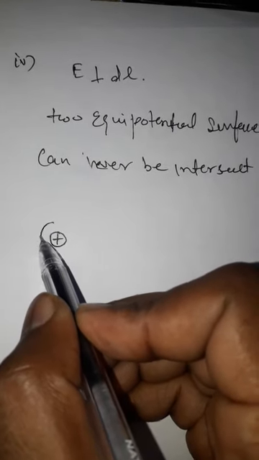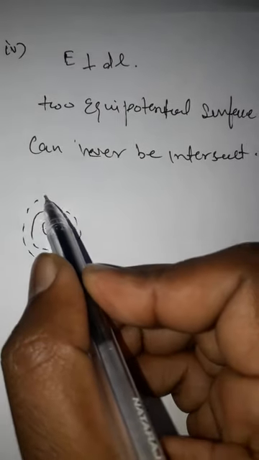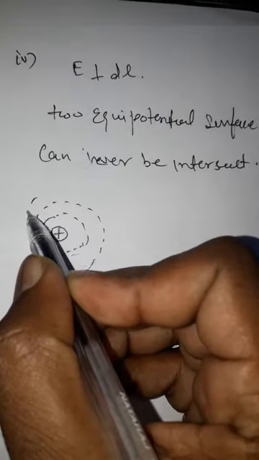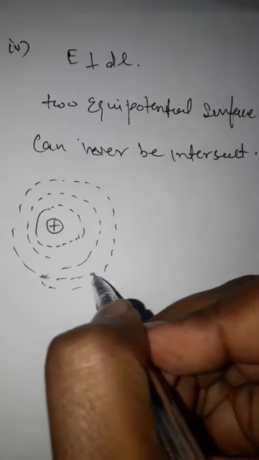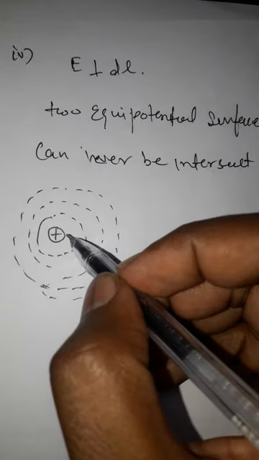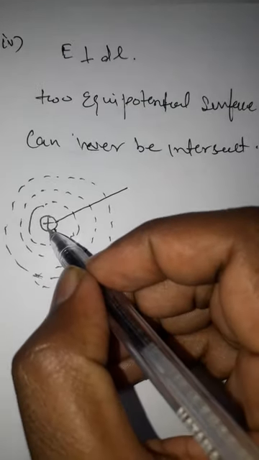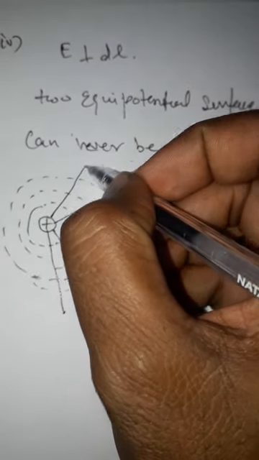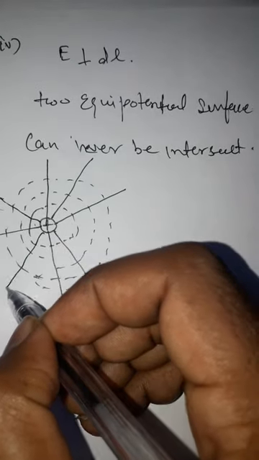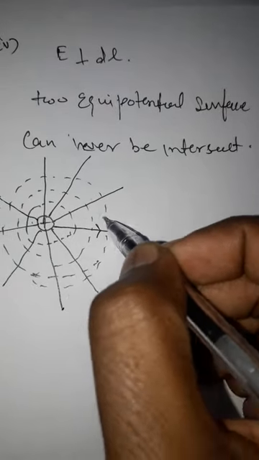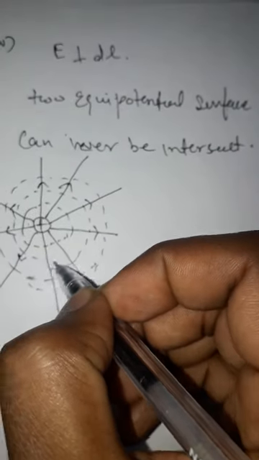So the concentric spheres like this around this charge are all equipotential surfaces. As the electric field is normally outward from the positive charge, we can draw these lines, the electric field lines, normal to the equipotential surface.